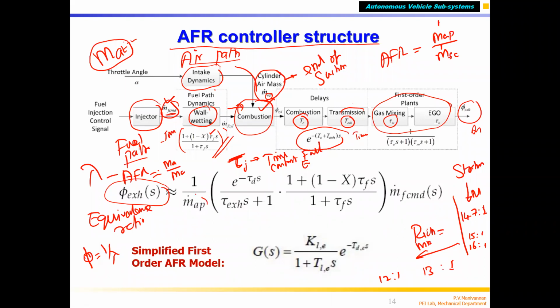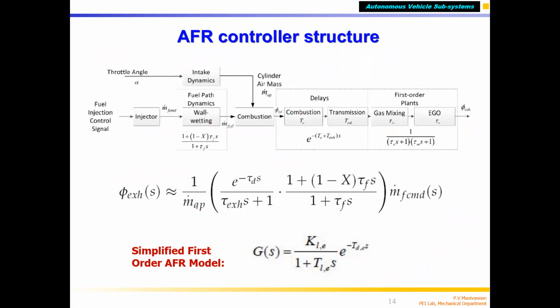In the denominator we always have the air mass m dash ap, the mass flow rate inside the combustion chamber, which is mixed with some fuel. That is the numerator.